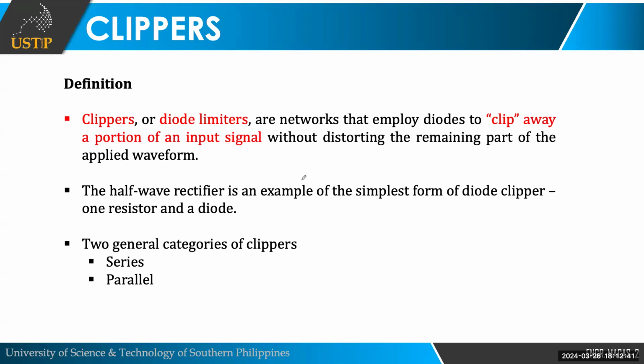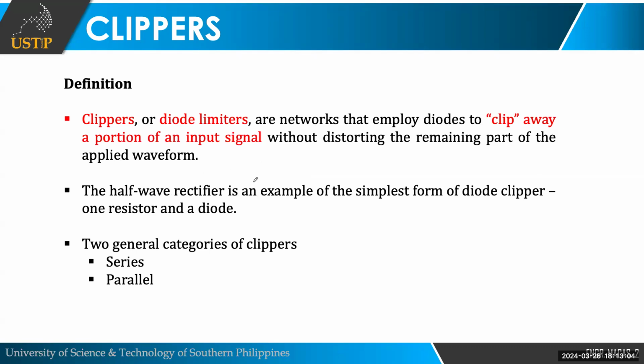Di ba sa half-wave, they clip one portion of the signal. It could be the positive cycle or negative cycle, depending on how we place our diode. But the idea here is it clips the portion without distorting the remaining part of the applied waveform.